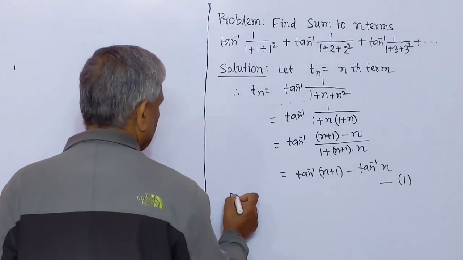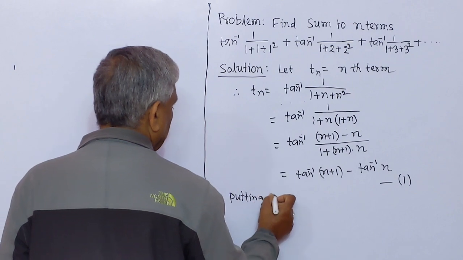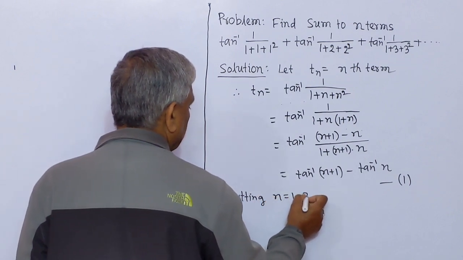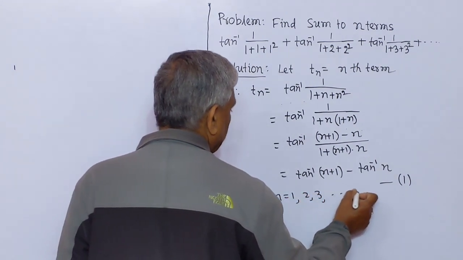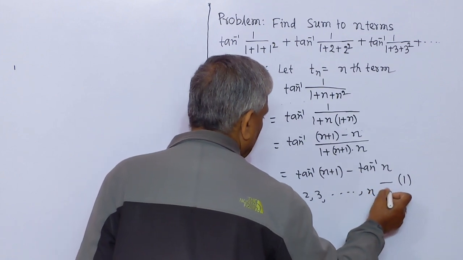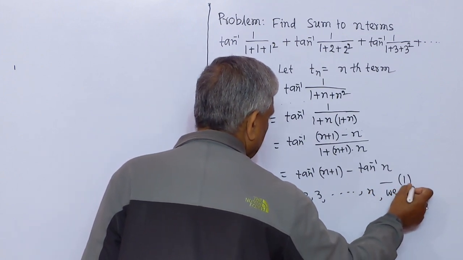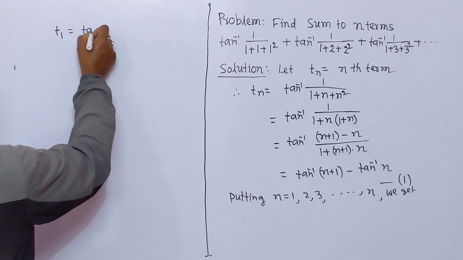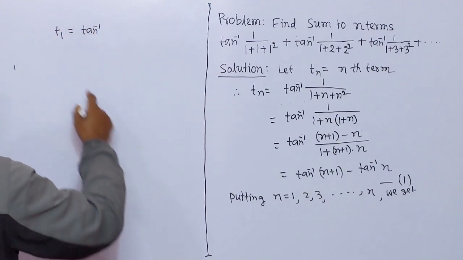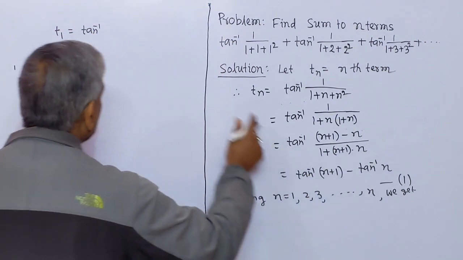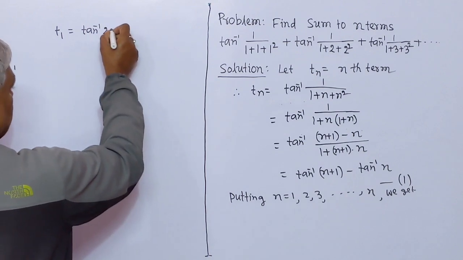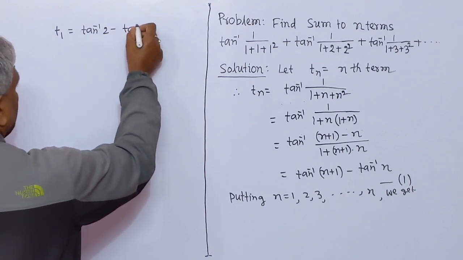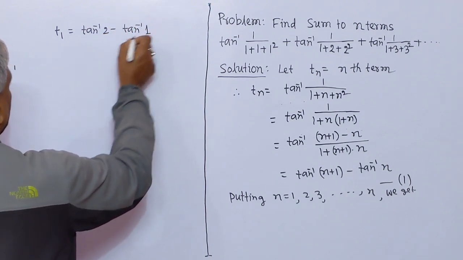Putting n equal to 1, 2, 3, dot dot dot, n, we get T1 equal to tan inverse 2 minus tan inverse 1.